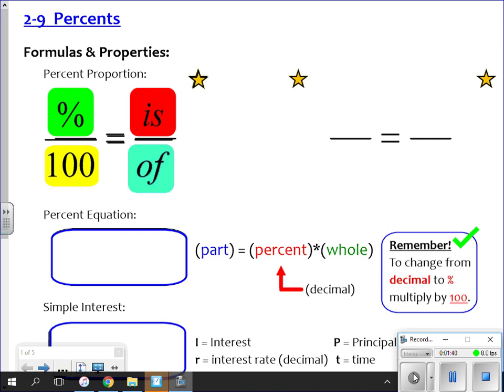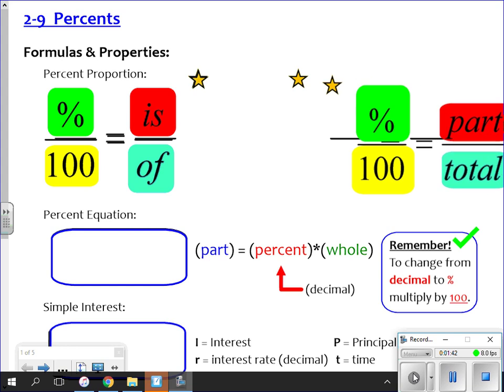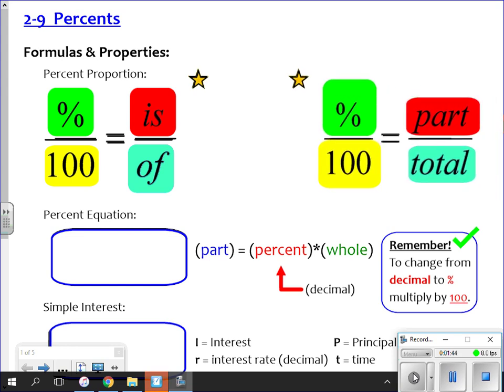Now, sometimes another version of this, an equivalent, is percent over 100 equals the part over the total, which is what the of and the is are. They're the parts and the totals.